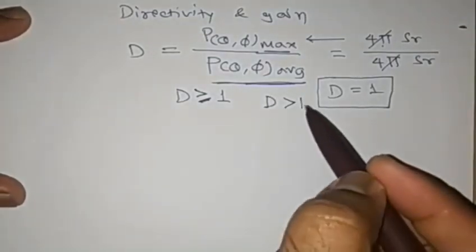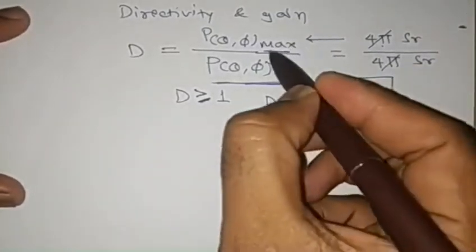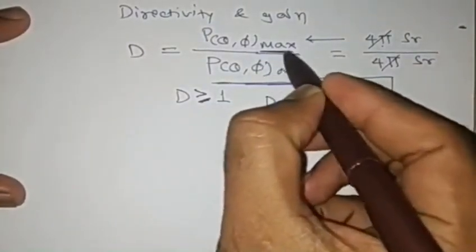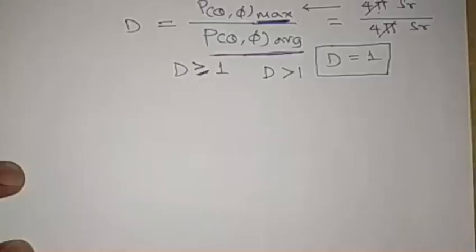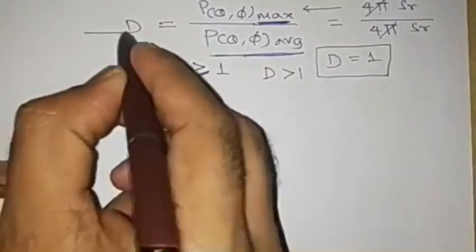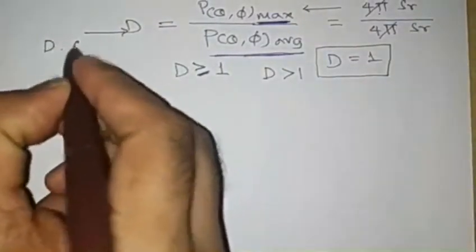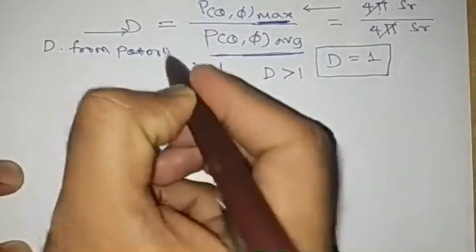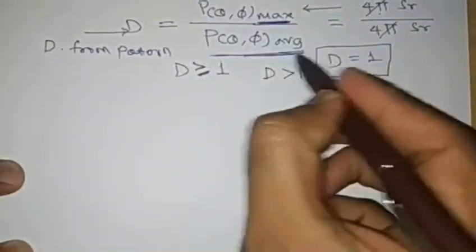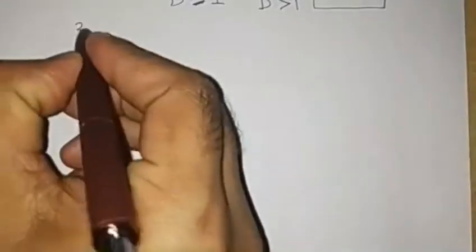The higher the directivity, the smaller the region or area through which the maximum power is radiated by the antenna. This definition is known as directivity from patterns, because we are taking the values of maximum power and average power from patterns.